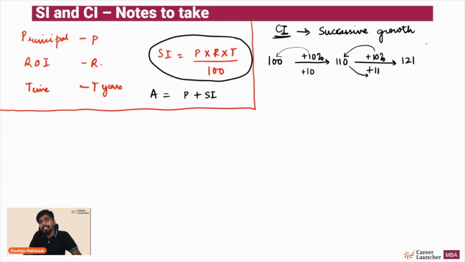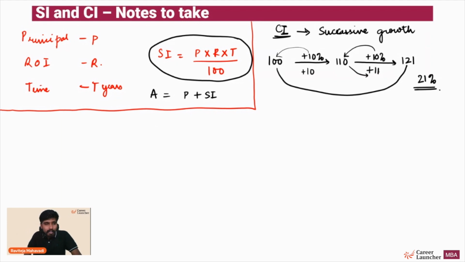And you can see that the overall increase over here is 21%. Now this is what is successive increase by the same percentage. You have increased it by 10% once and again by 10% later on. You will see that instead of the total growth being 20%, the total growth in this case will be 21%.